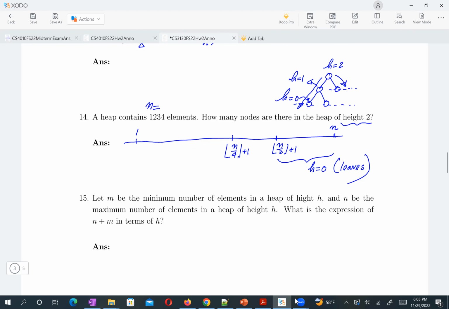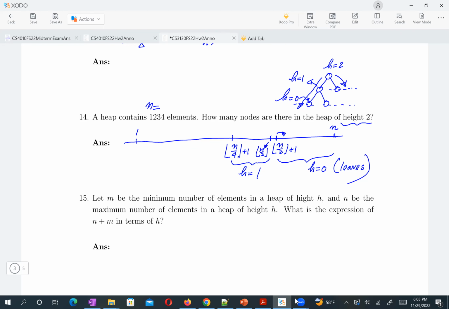This point belongs to the leaves, and this one is the n/2 point. All the nodes with position numbers in this second subinterval have height equals 1, and so on.